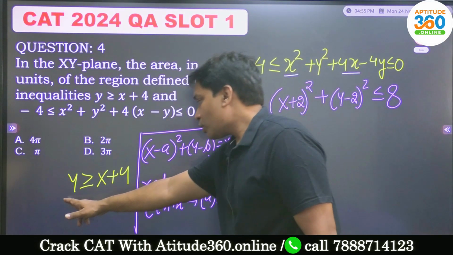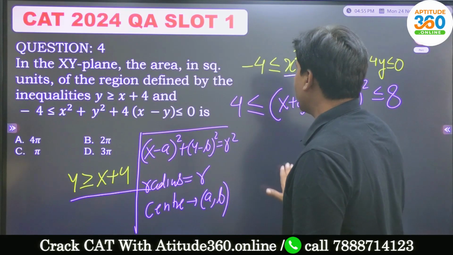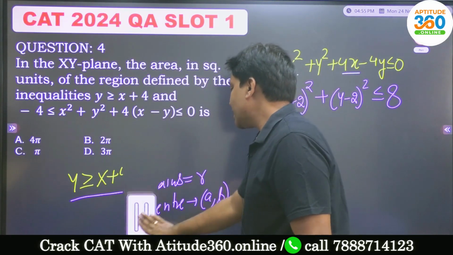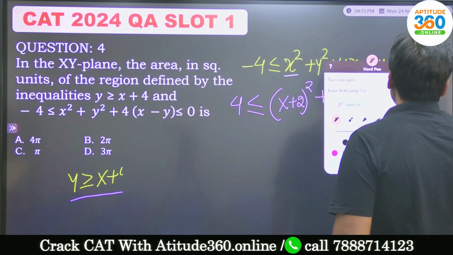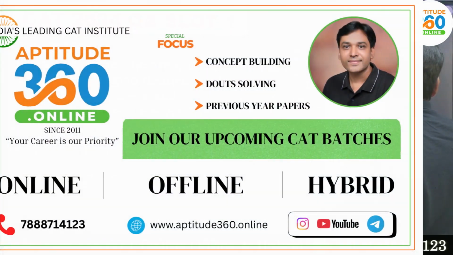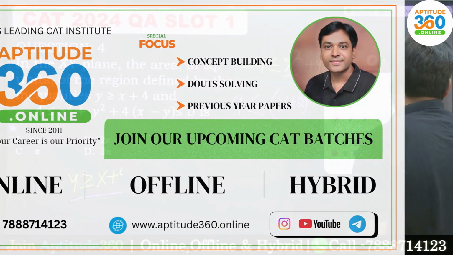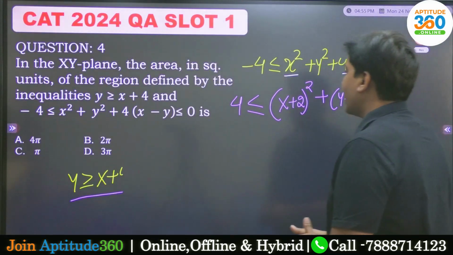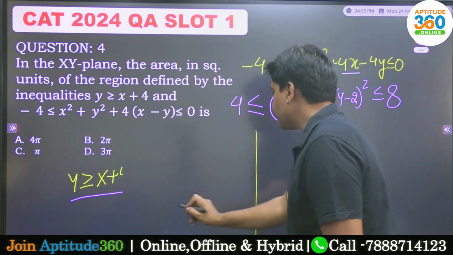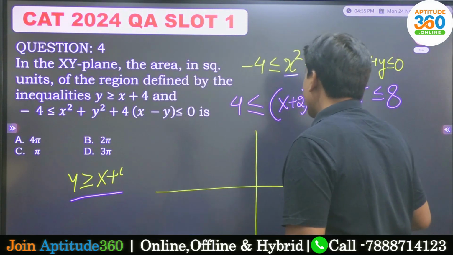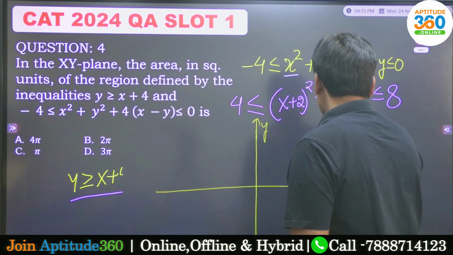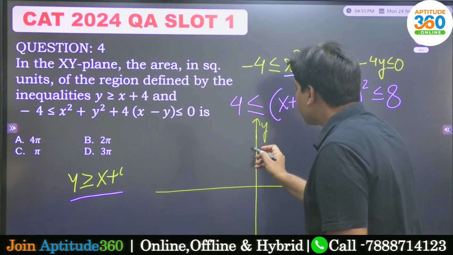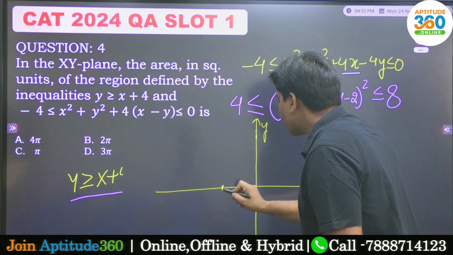And then you have this one also. So what should we be doing? Let us make these two concentric circles first. I should be able to draw it like this. Say I am making the xy plane. This is y, this is x. I made my first circle out here.